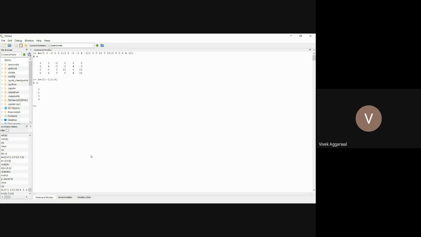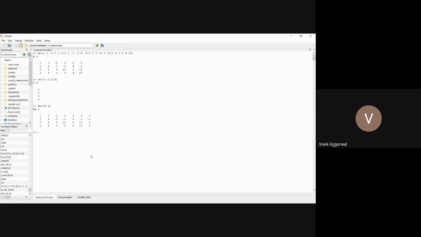First I will find out the augmented matrix A B. I just call it AB because I'm combining these two. So I will write A here and B here, and this is my AB.